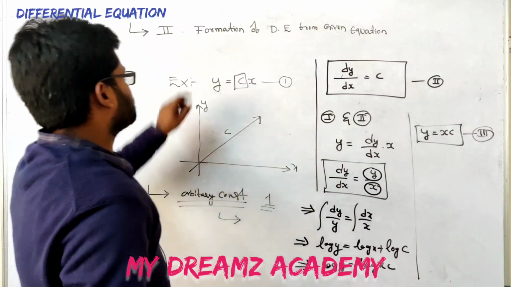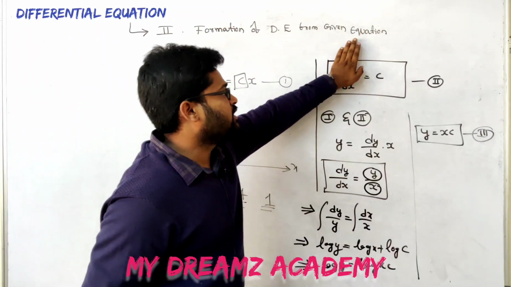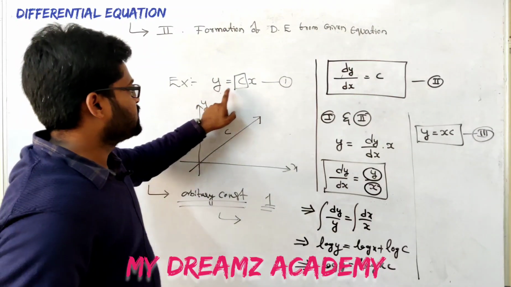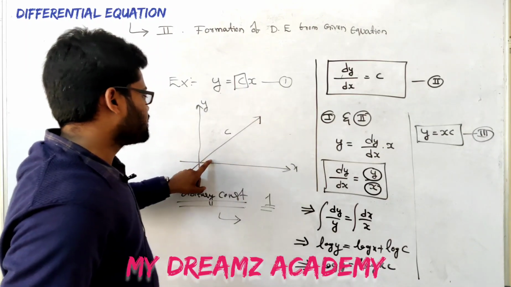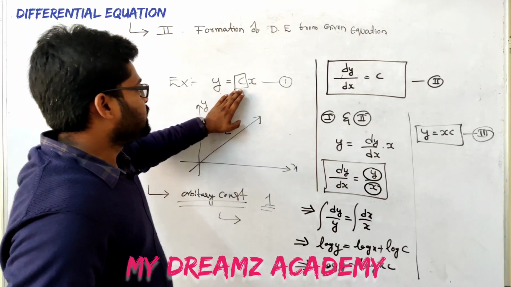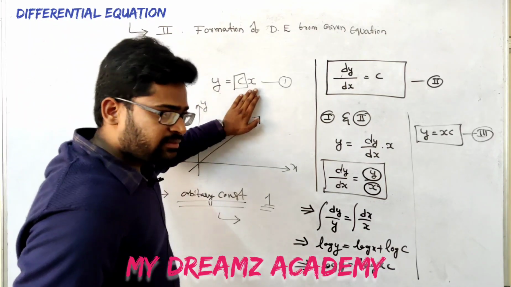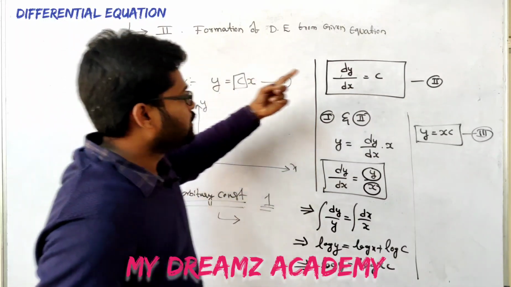We are on the topic of formation of a differential equation for the given equation. The given equation is y = cx. This is the equation for a straight line passing through the origin. We need to see how many arbitrary constants are in the given question. The arbitrary constant is only one, so we need to do one-time differentiation.